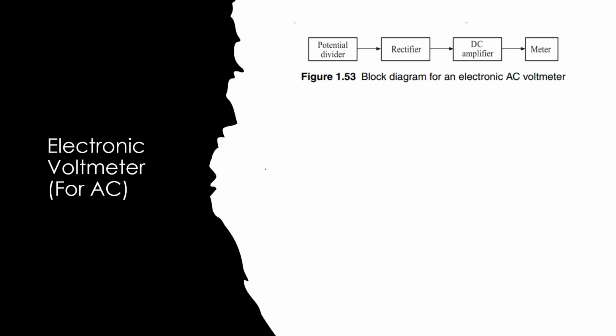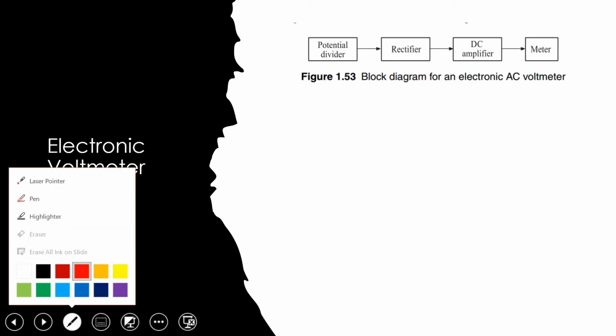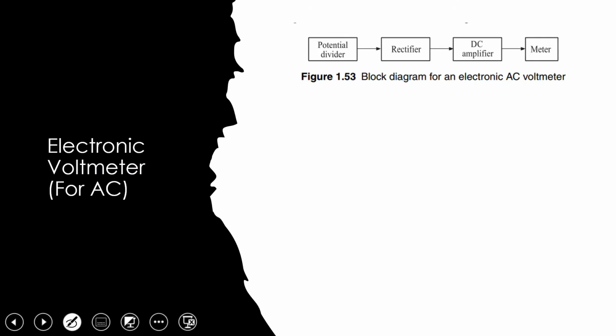We can see the block diagram for the electronic AC voltmeter. It is a little bit different from the DC voltmeter because we have the rectifier here, and for the first stage we have the potential divider.